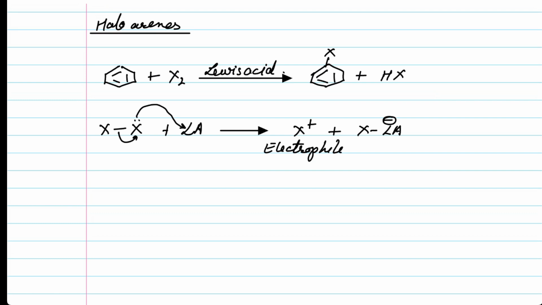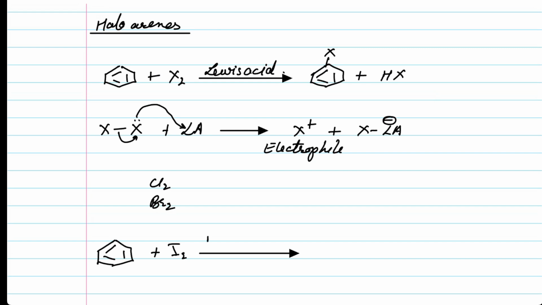Here the X2 can be Cl2, it could be Br2. If we are going to use I2, that is, we react the benzene ring with iodine, then in that case, the HI, which is formed in this reaction, is actually a reducing agent. So, to make the reaction move in the forward direction, we have to consume the HI which is being formed in the reaction.